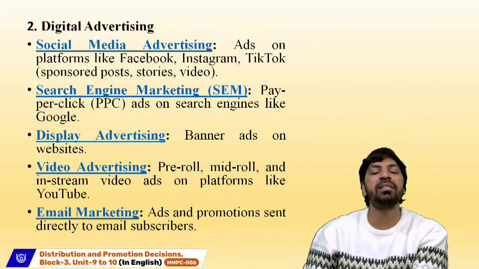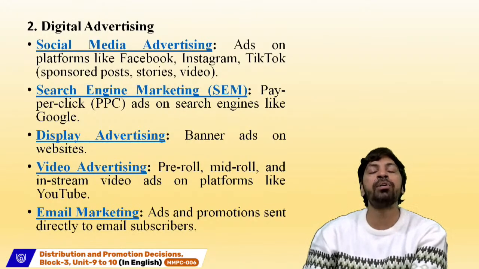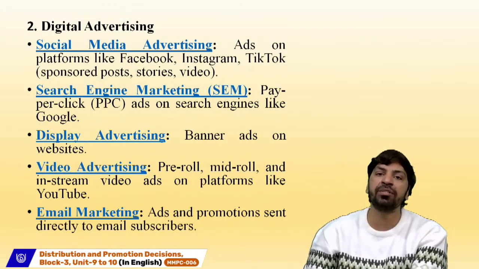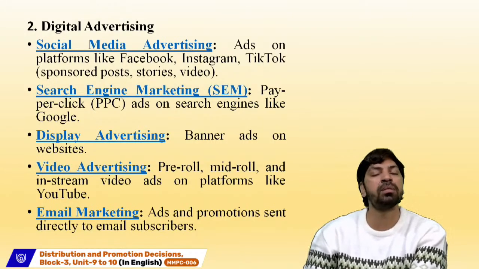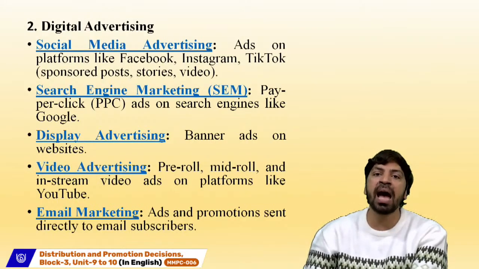Next category is digital marketing. It refers to social media advertising, where the ads are on platforms like Facebook, Instagram, TikTok, or sponsored posts, stories and videos. Next is search engine marketing, that is pay per click ads on search engines like Google.